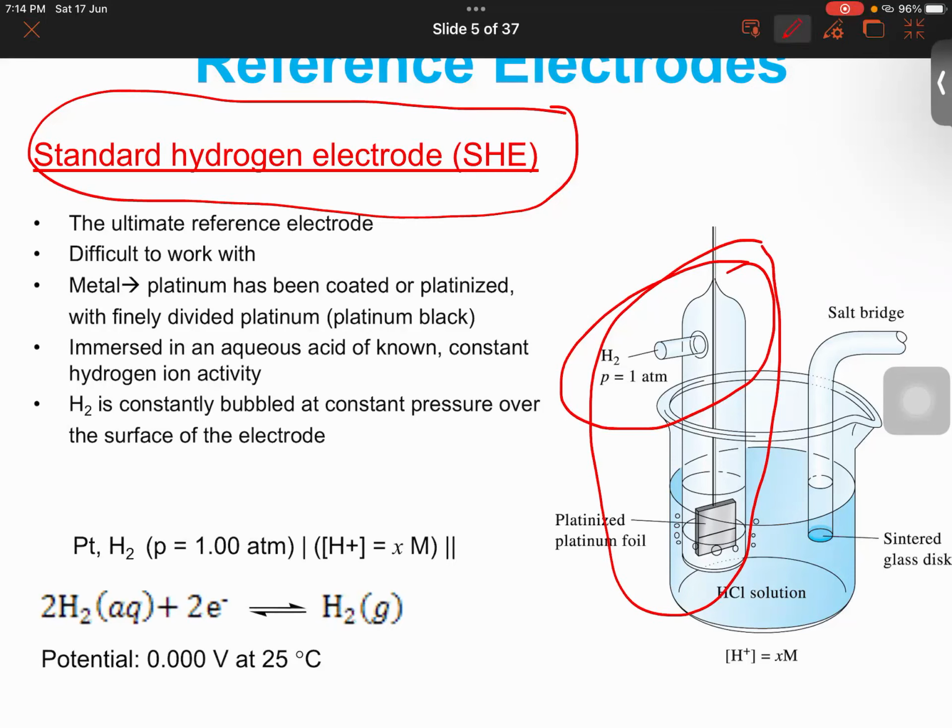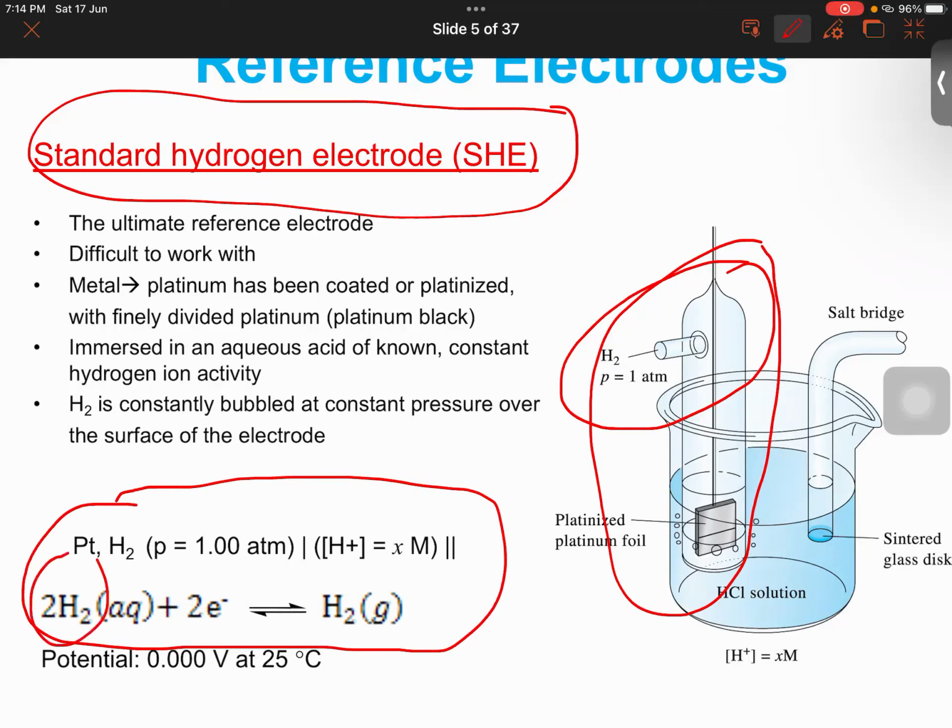So this is the reduction reaction involved for the hydrogen electrode. 2H plus plus 2 electrons producing hydrogen gas.